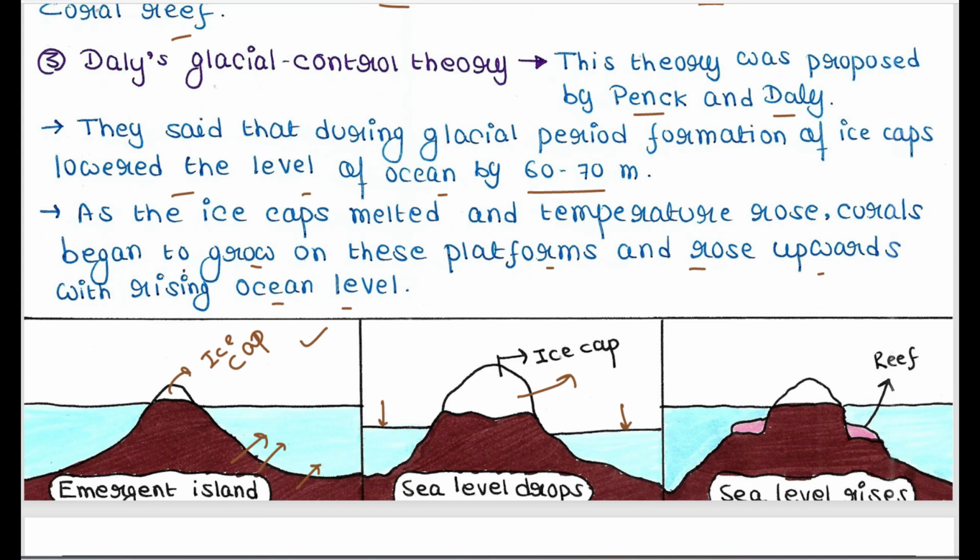You can see here, sea level drops. Okay. Then temperature increases and the ice cap melts. So again the ice cap is smaller and the sea level increases. This time the reef forms in this area.